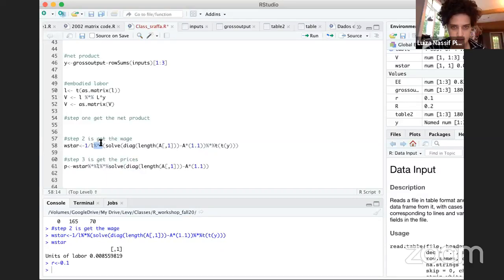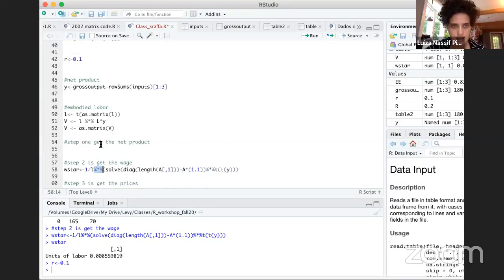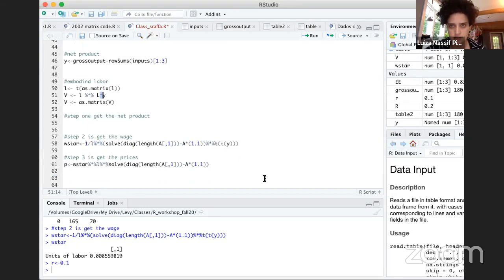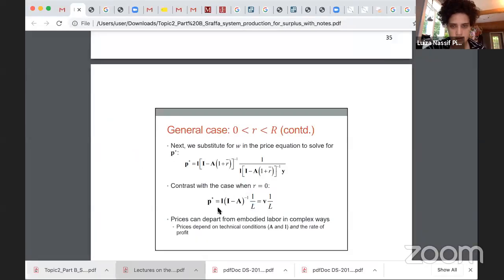This is a matrix multiplication, while this is a scalar multiplication. And then to calculate your P, you just use this formula here. This whole formula here, right?